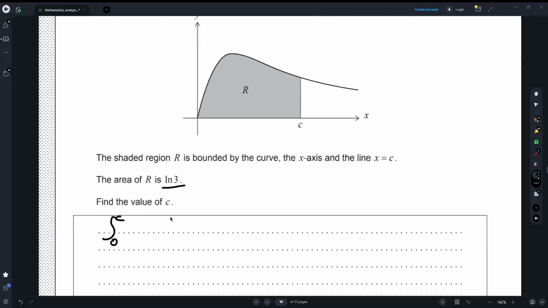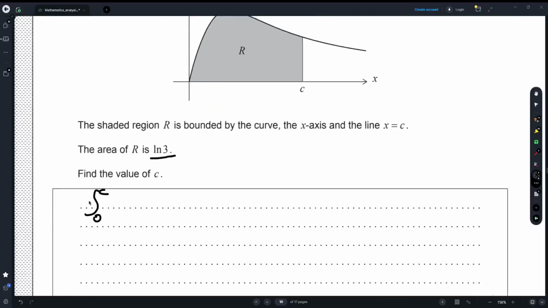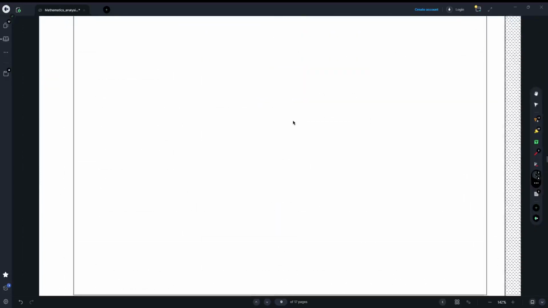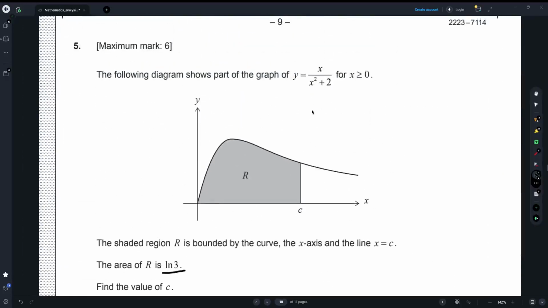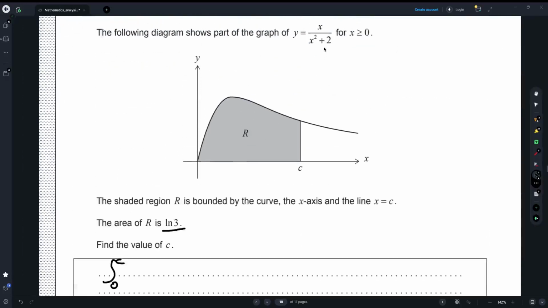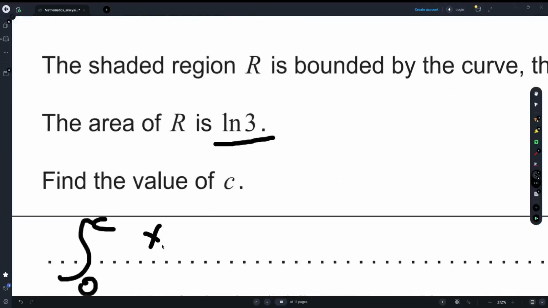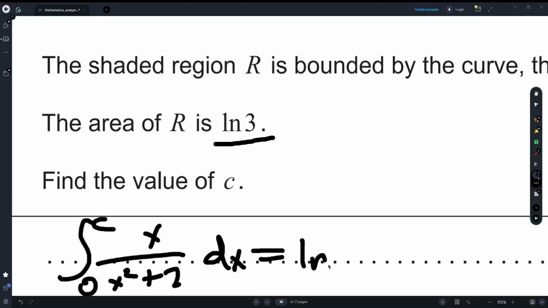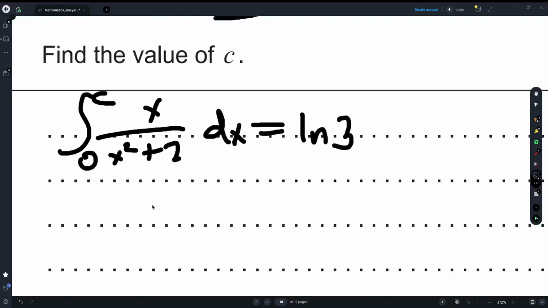So first we can just go ahead and integrate this function, then we'll solve for C later. We know that the integral of x over x squared plus 2 dx equals ln 3. The obvious step to integrate this function is substitution, with x squared plus 2 as the u value.